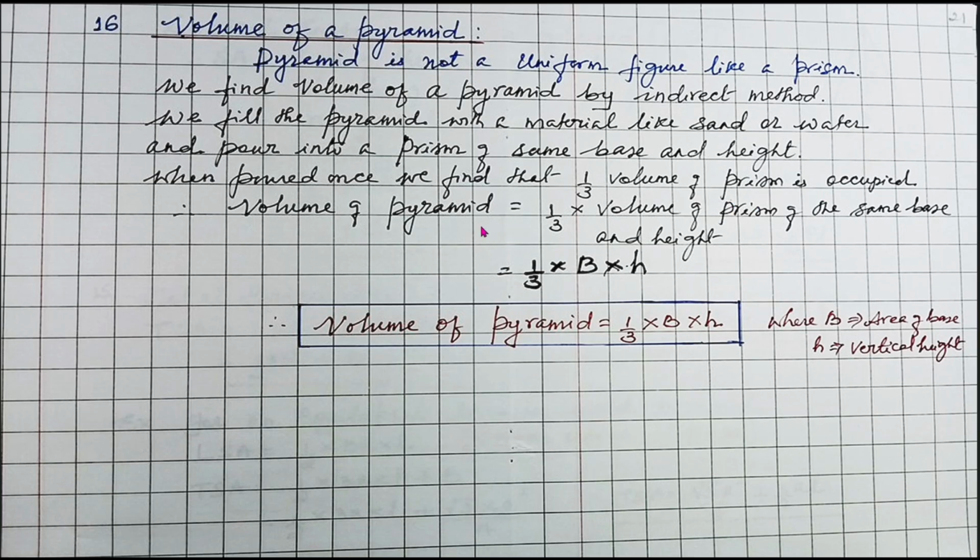Therefore the volume of a pyramid is 1/3 the volume of the prism of the same base and height, that is one third of B into H. B is the area of the base and H is the vertical height. So remember, that is the formula to find the volume of the pyramid.